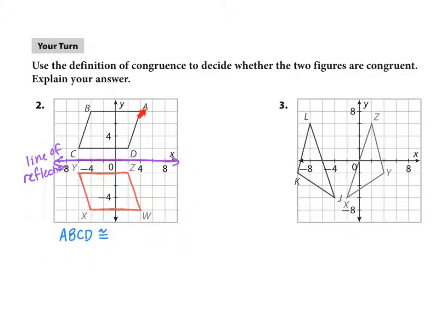Meaning A is right here. When we reflect it over the x-axis, that's W. B reflected and became X. C reflected and became Y. Luckily, this is in alphabetical order, so nothing too crazy here, but that would be our congruence statement.